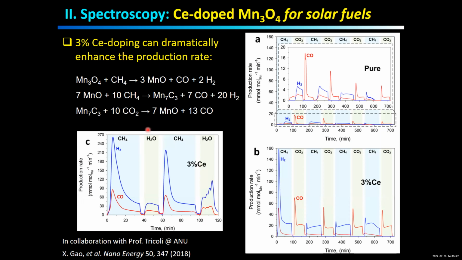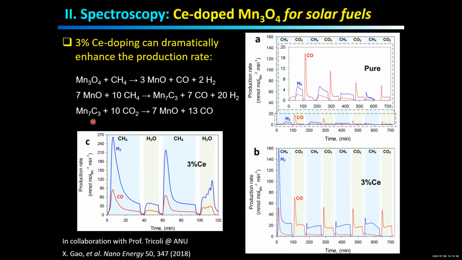So his group developed this system using manganese oxide to oxidize methane to form CO and hydrogen. And the manganese oxide will be reduced to the carbide.